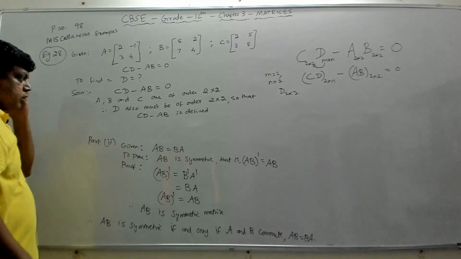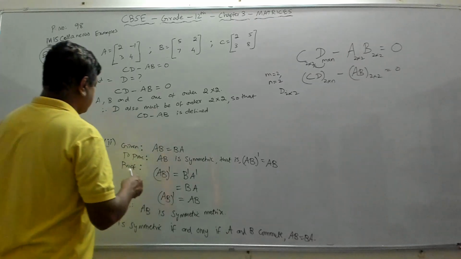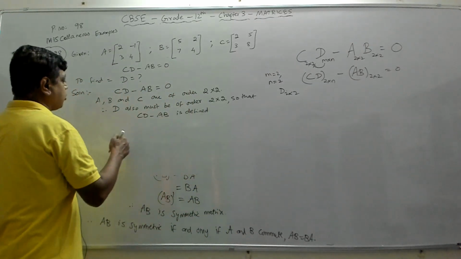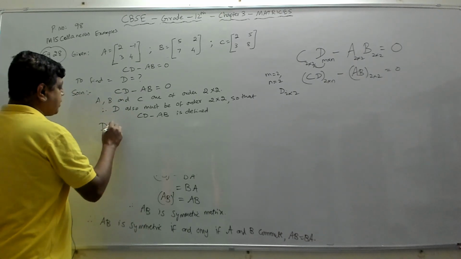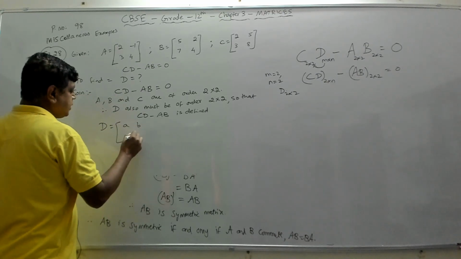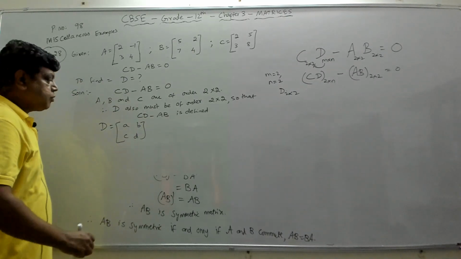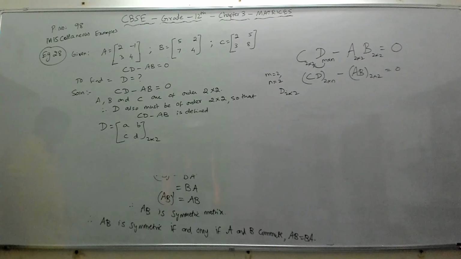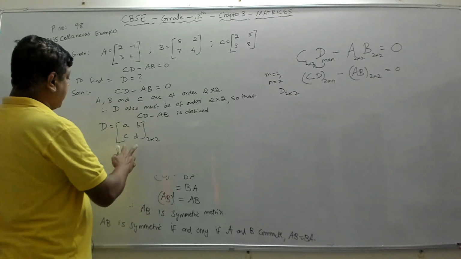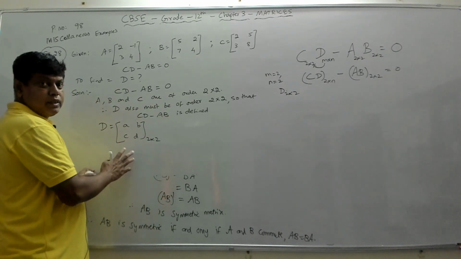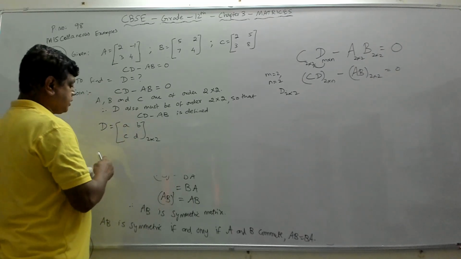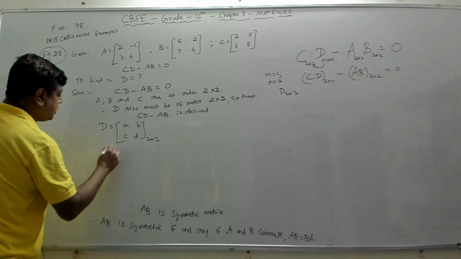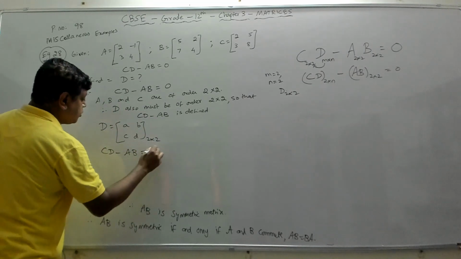Fine, so now let me go ahead. D should be of order 2 cross 2. Therefore, we will assume the matrix D as [a, b; c, d], because we know the order is 2 cross 2. Now we will try to find the values of a, b, c, d. Once we find them, we can substitute and get the D matrix. Now what is the condition given? CD minus AB equal to 0, where 0 means the 0 matrix.